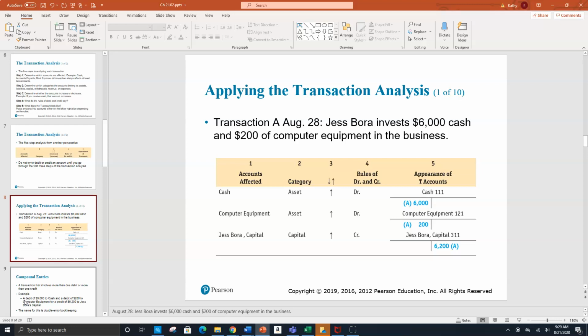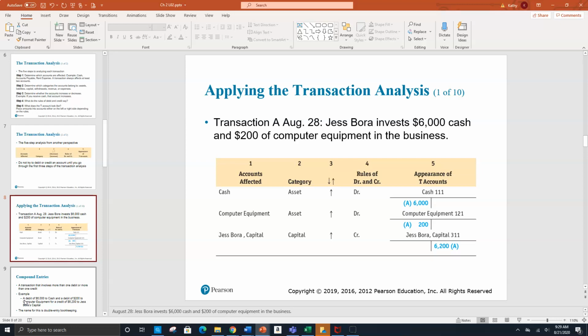Now, step 4, look at the rules of debits and credits. To increase an asset, you debit it. To increase computer equipment, an asset, you debit it. To increase capital, you credit it. Now you go to your appearance in the T account.